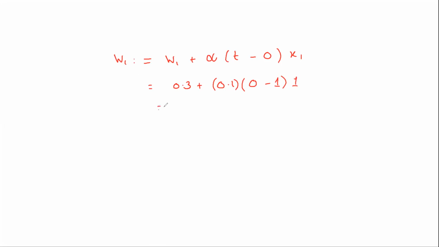So if you do this, it will become 0.3 minus 0.1, which is 0.2. So now you see the value of W1 has changed, from 0.3 to 0.2. Why? Because in the previous cases this term used to be 0, but now it is not 0. Target was 0, but the output of the perceptron is 1, so I have some error. Now let's go back to the slide, and let me show you from there.